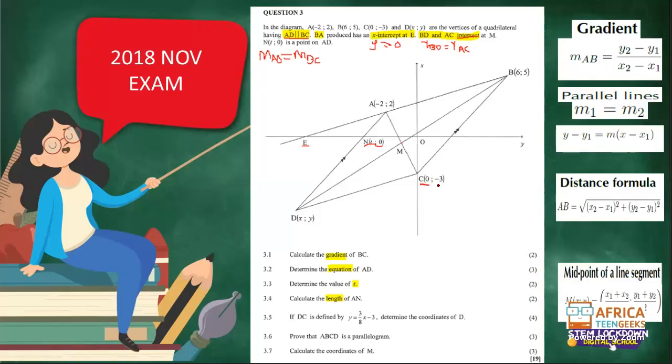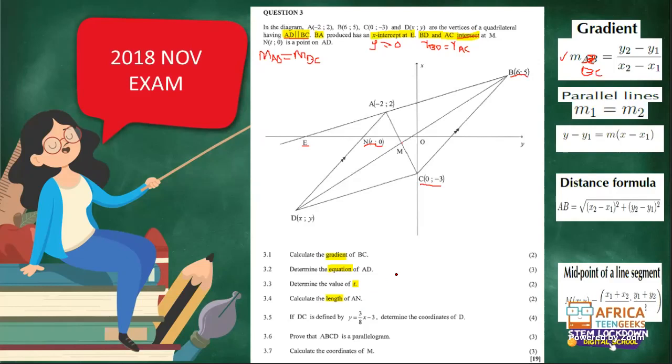We have points for C and points for B, which is great. So we can use this equation to find our gradient. In our case, this will be BC.